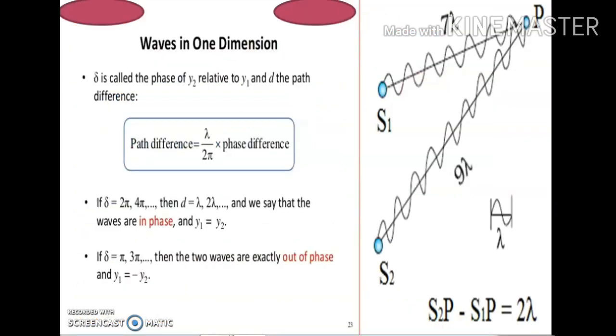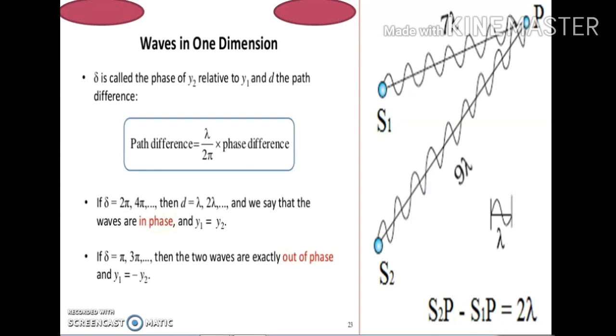This slide will make you aware of the relationship between path difference and phase difference. You can see in the slide that the path difference equals lambda by 2 pi into phase difference. So this is the relationship between the two terms.